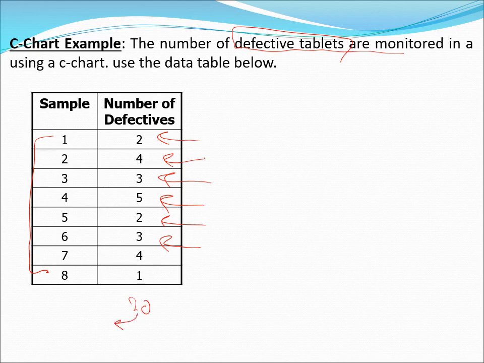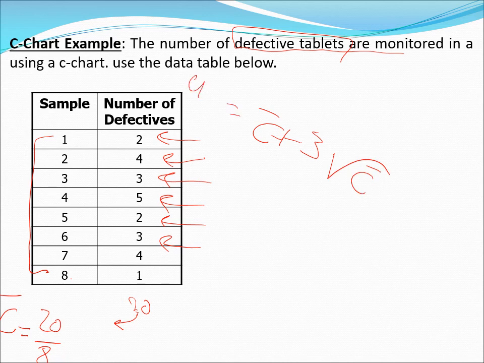Then you divide 20 by 8. What you calculate now is C bar, the average. Then you use the simple equation C bar plus 3 square root of C bar, and that is the upper control limit. And the lower control limit equals C bar minus 3 square root of C bar.